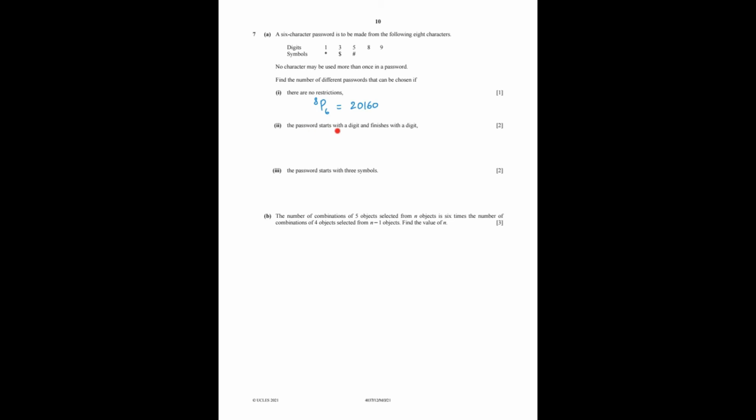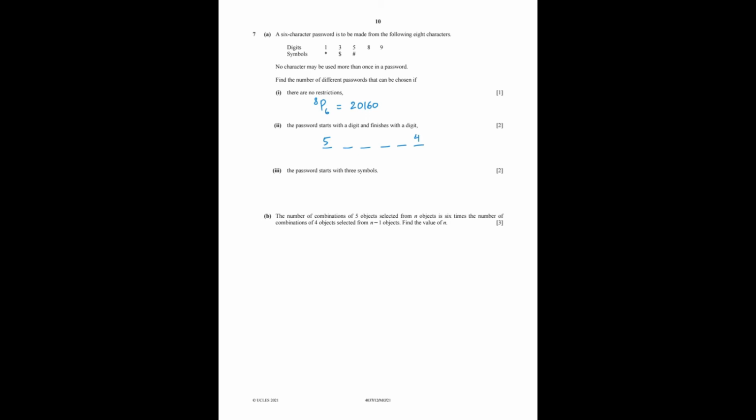For the next one, the password starts with a digit and finishes with a digit. Alright, so we need to pick 6 characters, 1 2 3 4 5 6, right? The condition says the password starts with a digit. So how many digits do we have? We have 5 options for the first one, and 4 options for the last one.